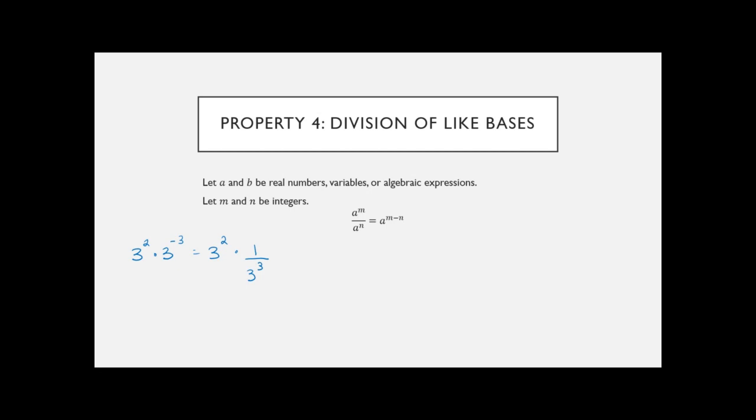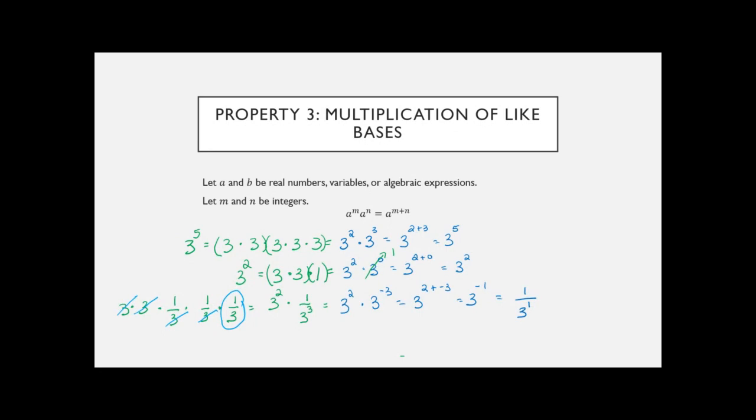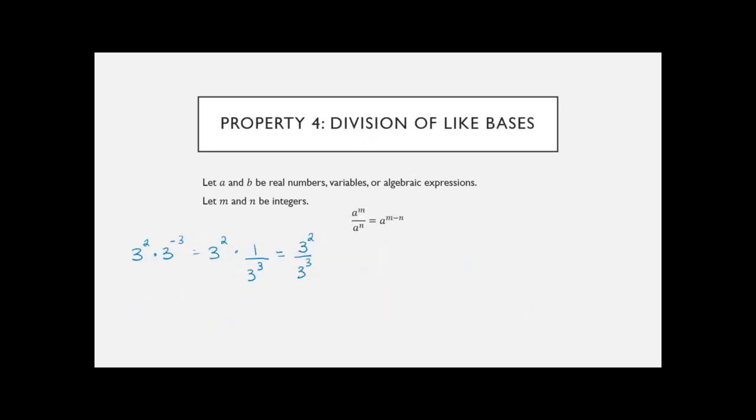I use my rule with the negative exponent. And if I use my rules for multiplying fractions that you multiply straight across, this is 3 squared over 3 cubed. So now I have written this in a division system, basically writing it as division, unlike the multiplication that I did here. It's the same problem, just writing it differently.